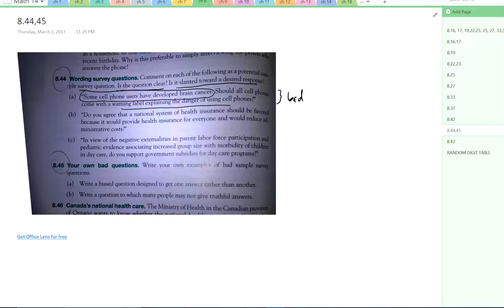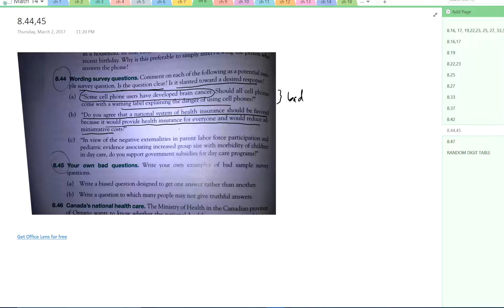B. Do you agree that a national health system of health insurance should be favored because it would provide health insurance for everyone and would reduce administrative costs? So basically, they're wanting you to answer yes, but they're actually giving you a reason, because it would do this.